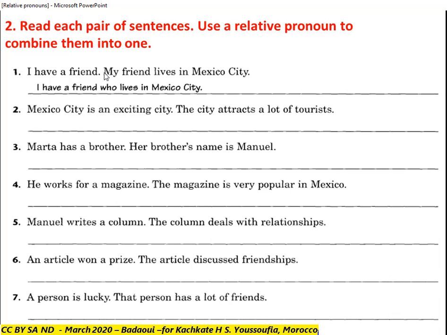Like in the example here, I have a friend who lives in Mexico City. If you can see here, a friend and my friend is duplicated. It was repeated. So we make it one sentence, and we avoid repetition by using the relative pronoun who, which combines the two sentences in one sentence.